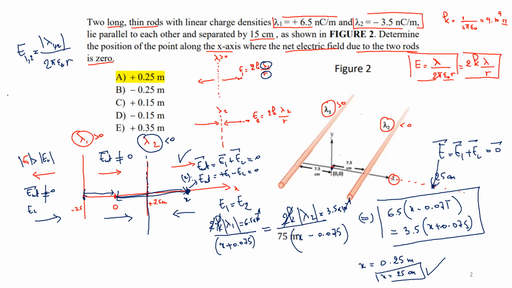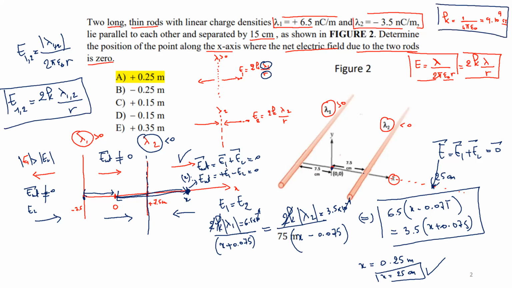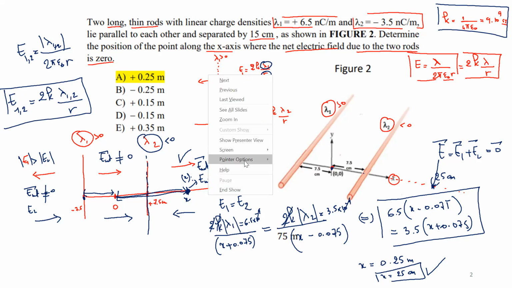And this I can write as E1 or 2 here will be just 2k lambda 1, 2 divided by r. Just by using this. And of course, I have here the principle of superposition. So is it clear? Okay, now let me go to the next problem here.